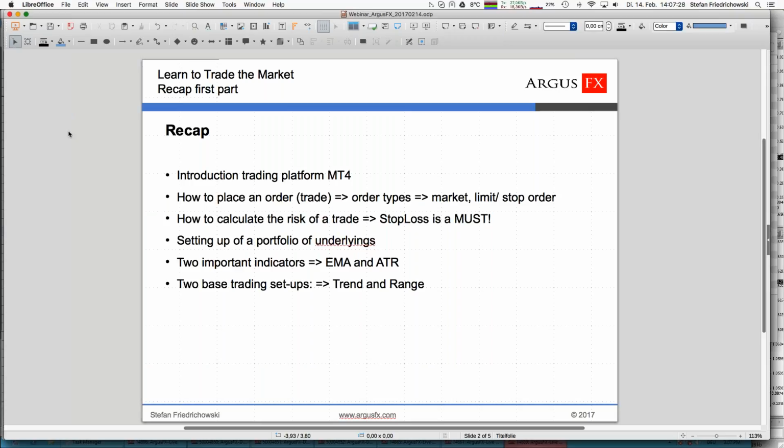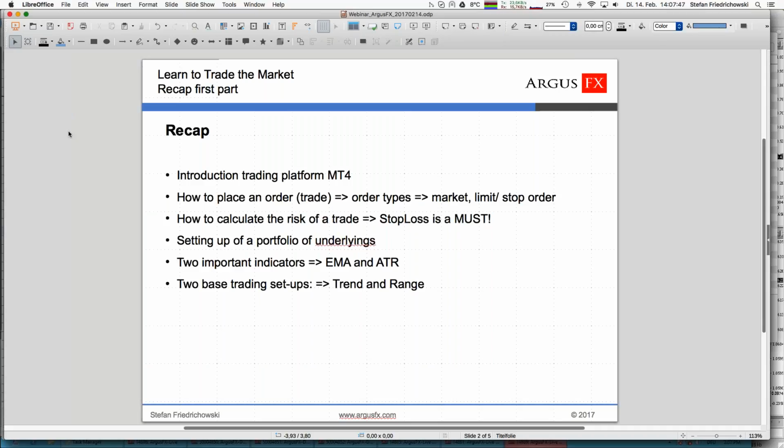We have set up a portfolio of underlyings, some good underlyings which build a broad range: some commodities, some indices, some forex pairs. In total we have selected 8 underlyings of our specific interest.